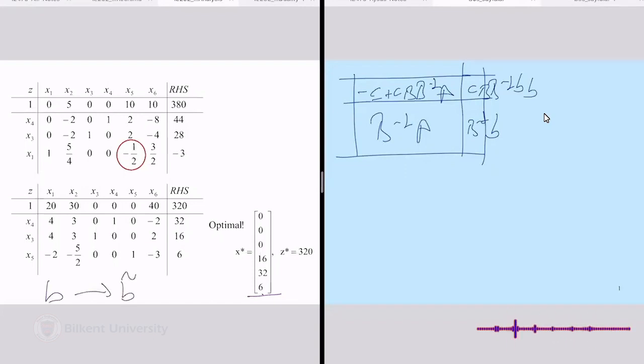If primal feasibility remains, you just update your B inverse B tilde and CB B inverse B tilde as your solution. Okay? If the B inverse B tilde has some negative entries in it, that means primal feasibility is lost. So we're supposed to apply dual simplex. Any questions?